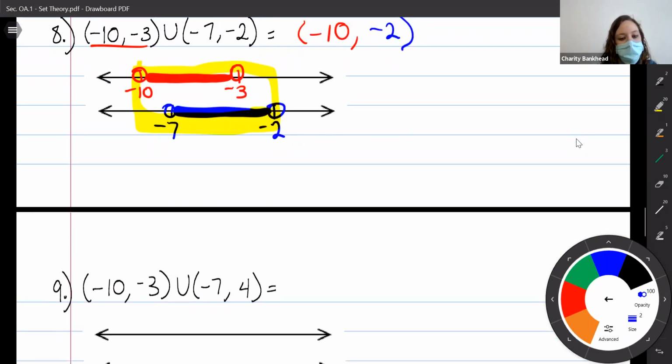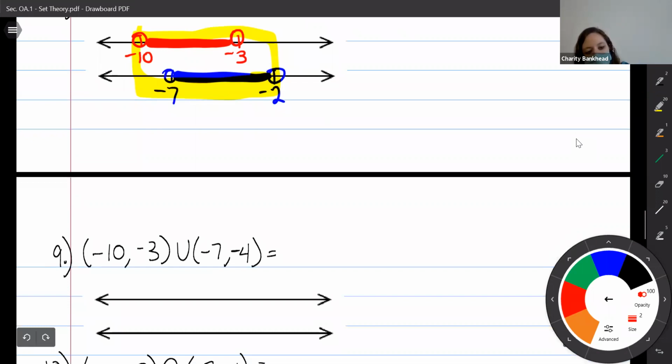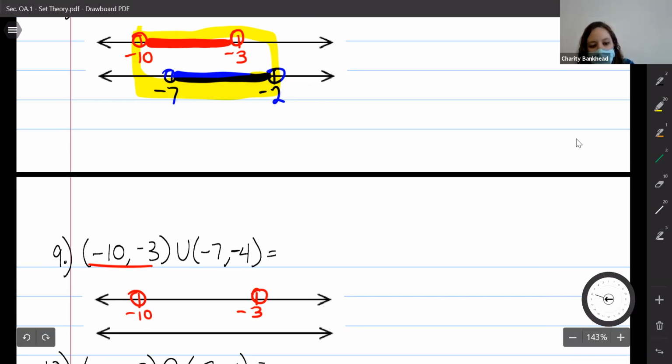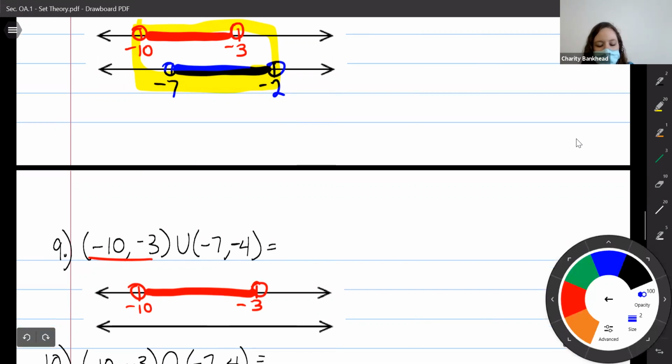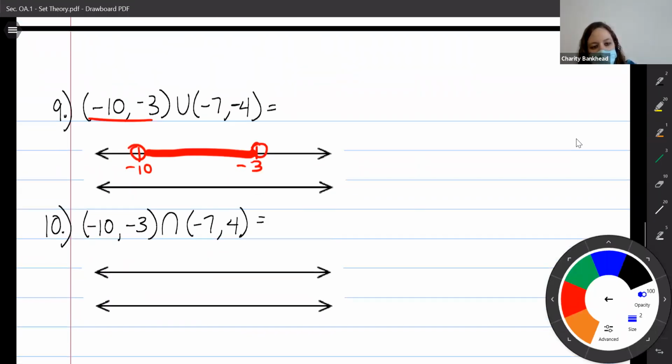All right, and on number 9, I want to change that 4 to a negative 4, actually. So negative 10 to -3, and then -7 to -4.